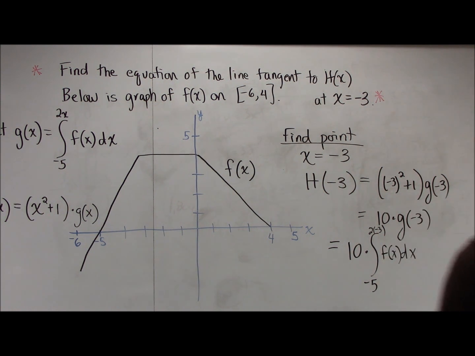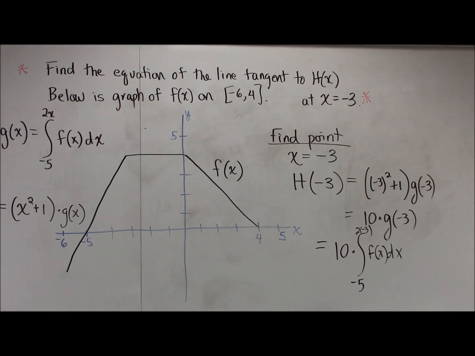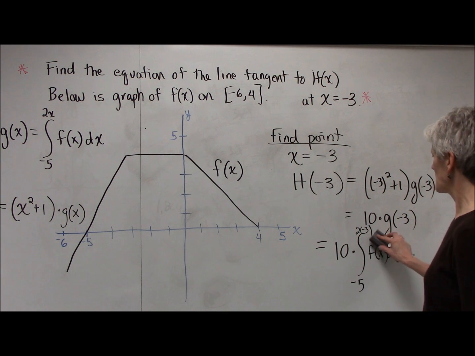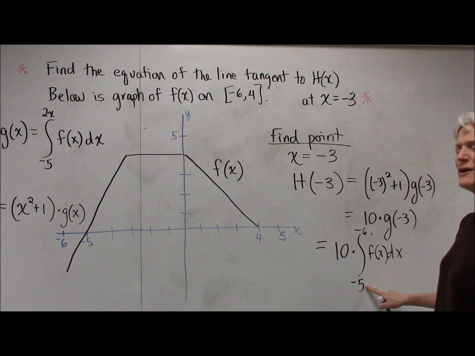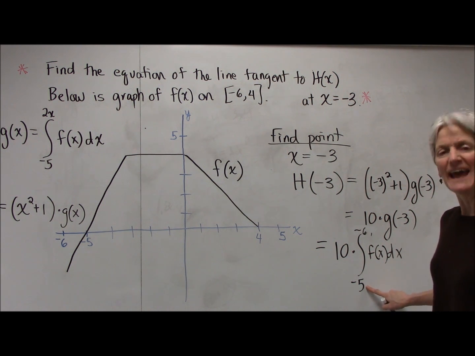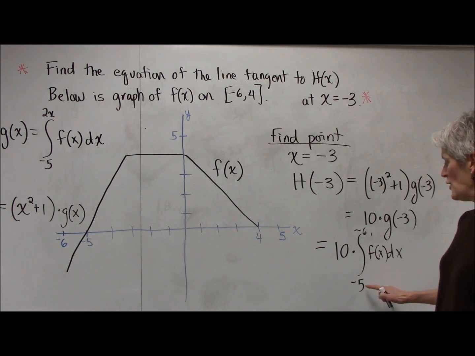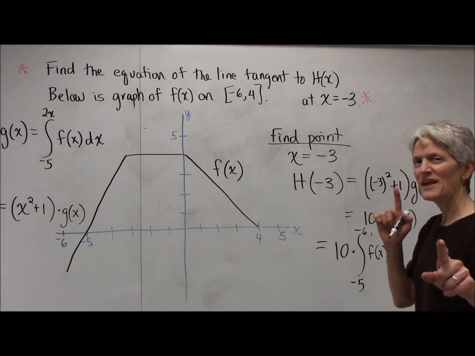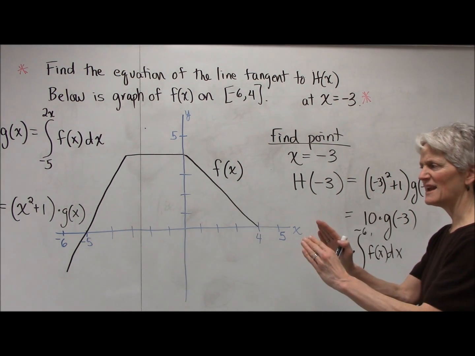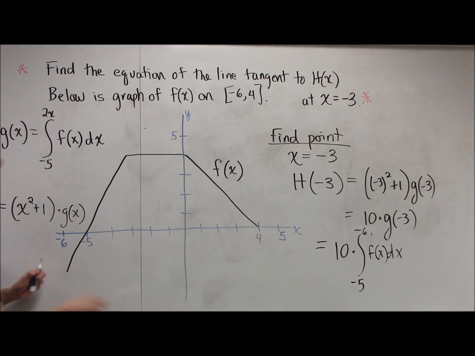So 2 times -3, if my calculations are correct, gives me -6. So I'm just going to erase this and put in a -6. So I am now looking for the signed area between f of x and the x-axis from -5 to -6. I hope you guys are thinking, ooh, -5 to -6, I'm going backwards. -5 to -6 is going to be this slice right here.